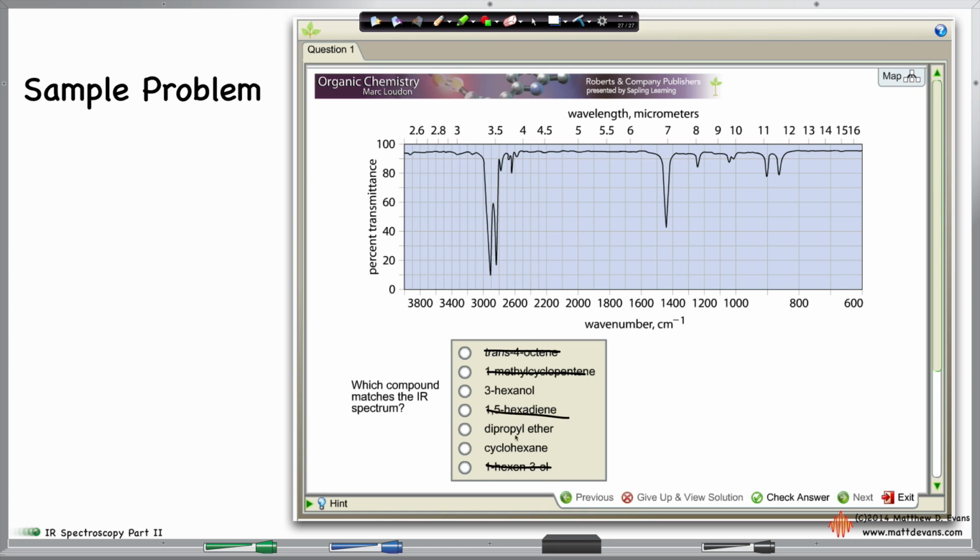I don't see an alcohol either, so we can eliminate these two. It's down to an ether or just simply put a cyclohexane. This spectrum looks so boring that I think we're looking at cyclohexane as my best guess as to what this is. I don't see anything that tells me that it's an ether or any of these other compounds. Cyclohexane.